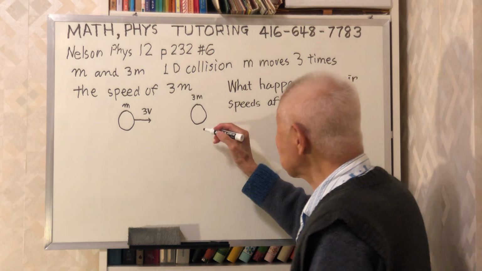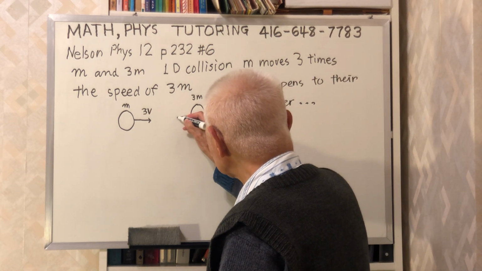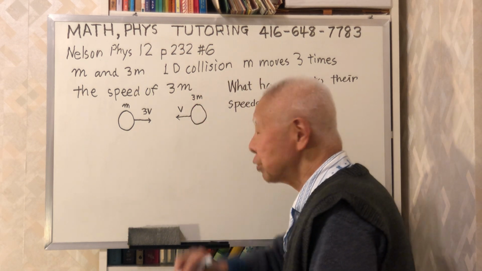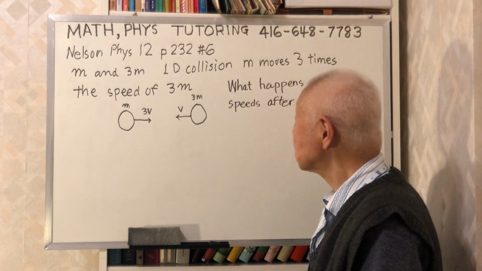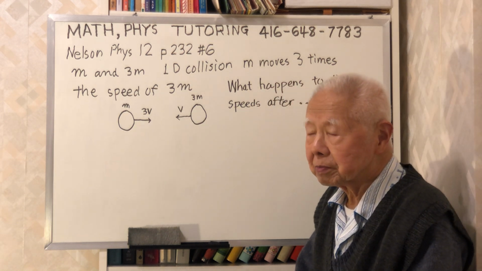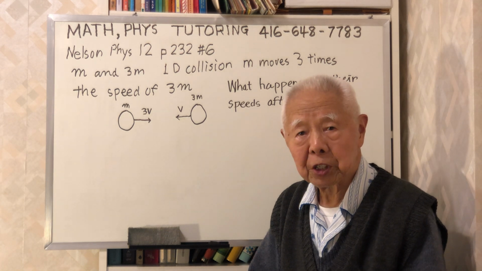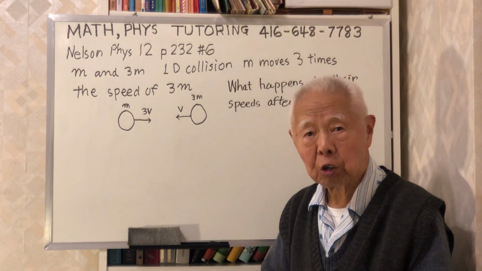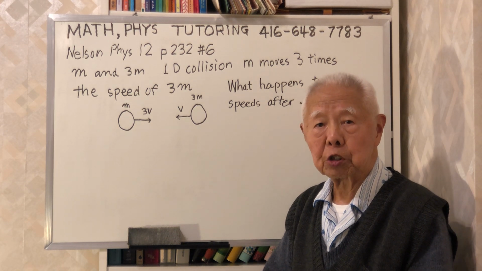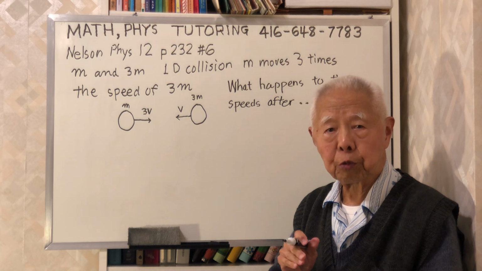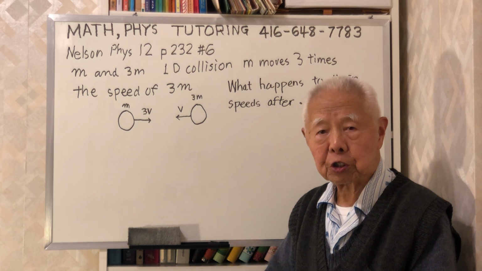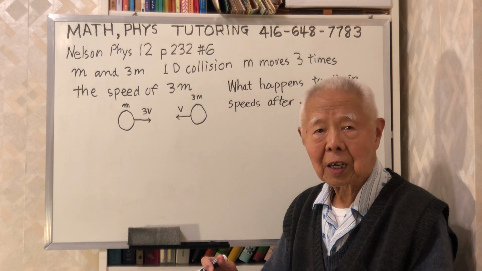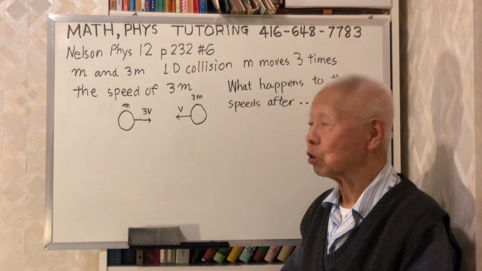So first of all, let's try this: v is moving to the left. I will start with momentum. What is the total momentum before collision? According to conservation of momentum, after collision, their momentum remains the same as the momentum before the collision.